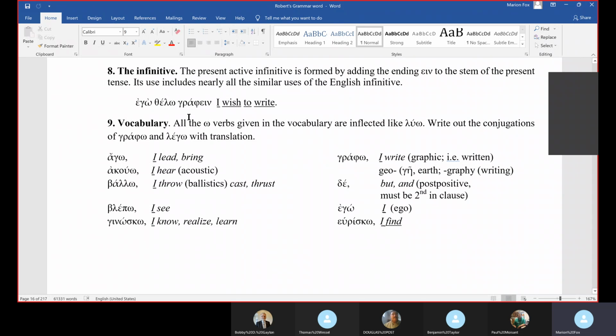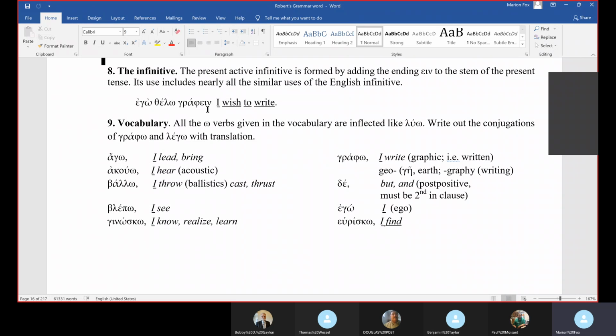So you could say even I write might be to emphasize it. So it is I write, but it's emphatic I. Graphein. Now, I wish to write. The ein ending here, these last three letters, are used to depict the present tense infinitive.